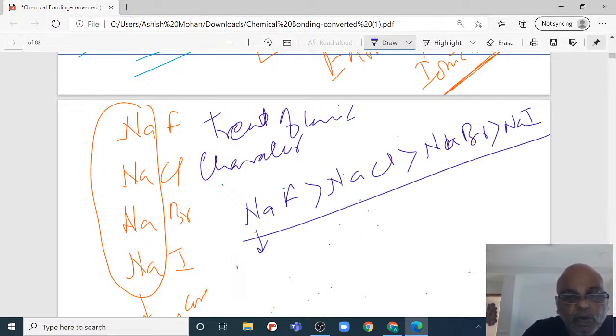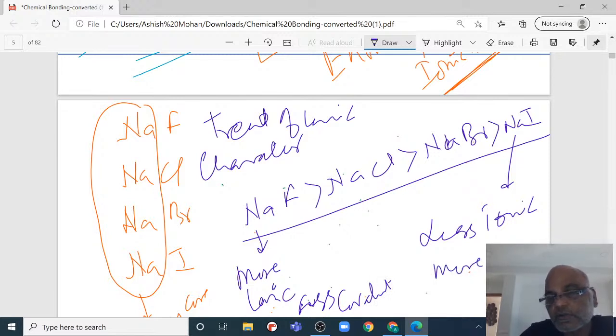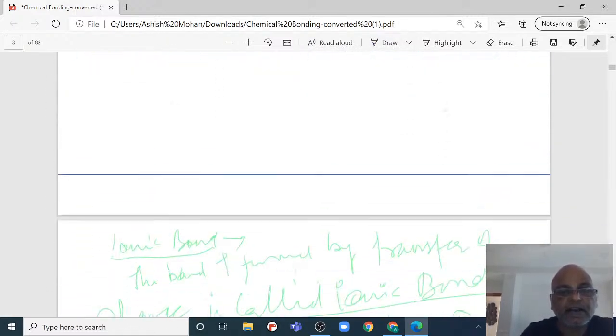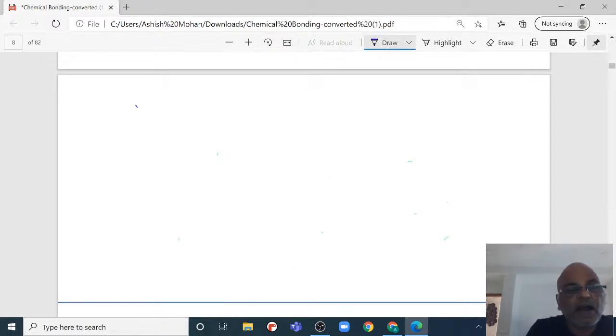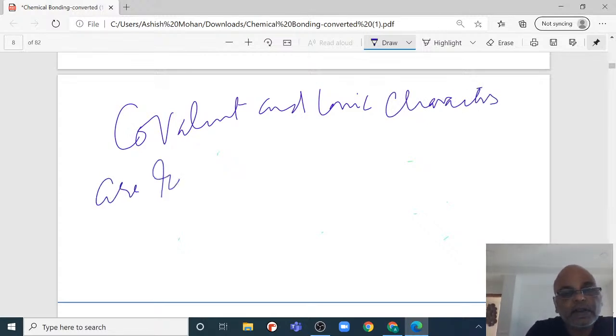Decreasing. More ionic and less ionic. More ionic is less covalent, and less ionic is more covalent. Ionic character and covalent character are reciprocal to each other.